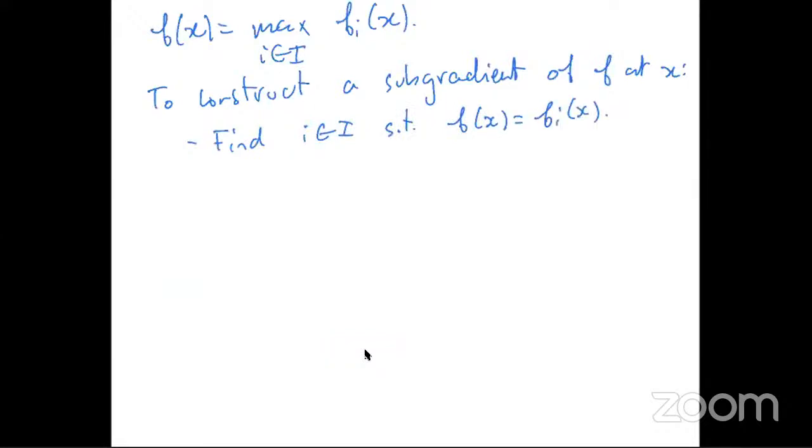This is the argmax. Then you take g in the subdifferential of f_i at x. This will give you one subgradient, and if you take all possible i's and all possible g's and take the convex hull of all of this, then this will give you the full subdifferential.